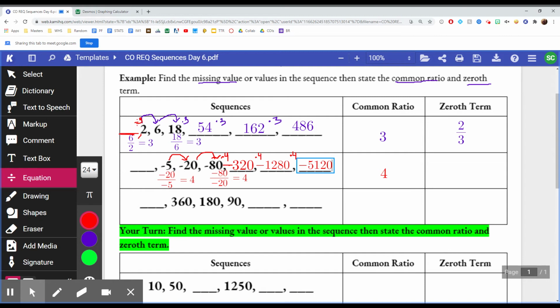Okay, so to find the first term, we're going to go backwards. So if I have been multiplying, the inverse, the opposite of that, is to divide. So I'm going to divide by 4. -5 divided by 4.